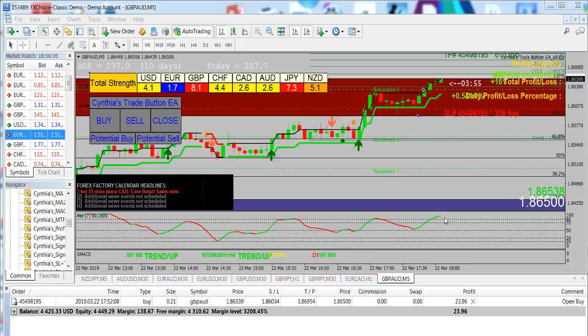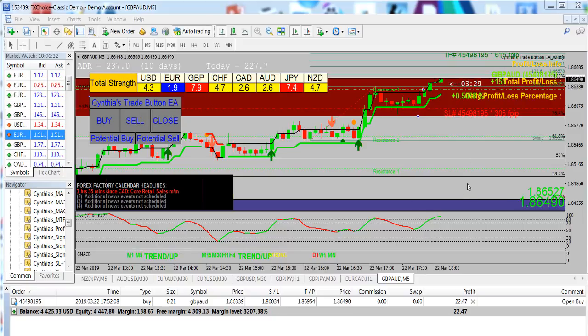And so what we're doing is we're following the trend, but we're using momentum to be our guide. And so at this point, momentum is still extremely strong for the pound, and the Aussie is very weak. However, we just have to watch the candle and watch the RSI and watch the values for the currency strength meter.